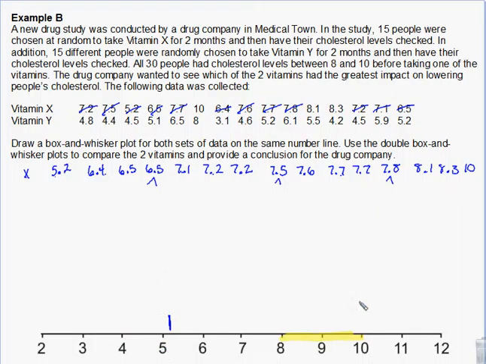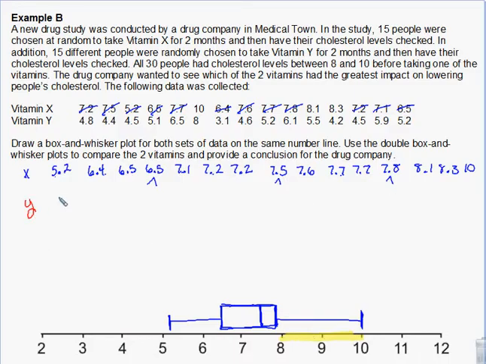And then I have 10. 6.5, that one's relatively easy to find. 7.5, and then almost 8, 7.8. Okay. If you want to be more exact, you can make a different number line and go with all the decimal places, or you can just guesstimate.